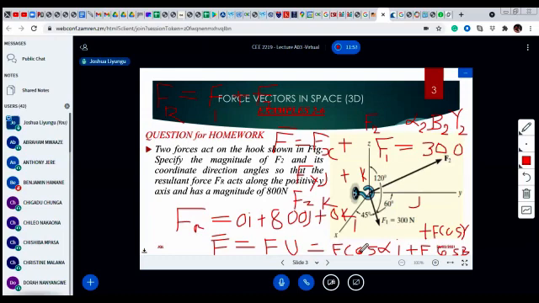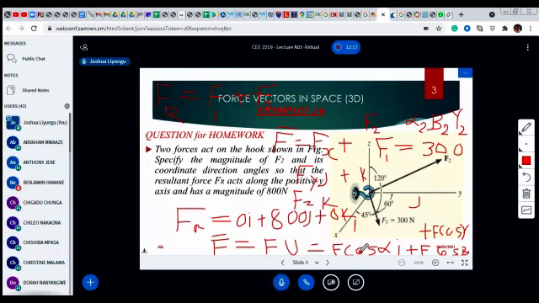We know our angles. We know our alpha 1 is 45, our beta 1 is 60, and our gamma 1 is 120. So already you now have F1.